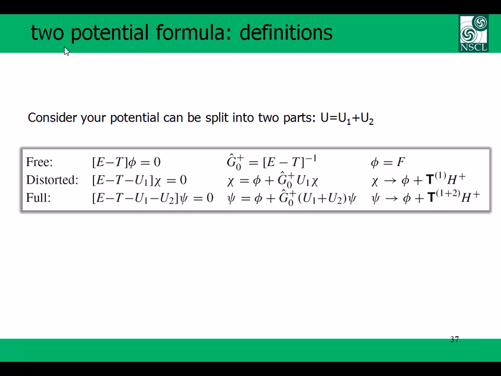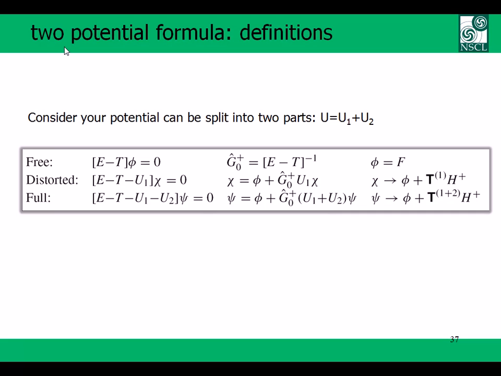If I pull these two terms over to the left, I get an inhomogeneous equation, and again I can solve it implicitly in this way. So I get a solution that looks like phi plus an explicit solution, and it introduces a free propagator because I'm putting U1 and U2 on the right hand side. Of course, I could have done it differently, and then I'd get a different propagator. But for the sake of what I'm arguing now, I want this.